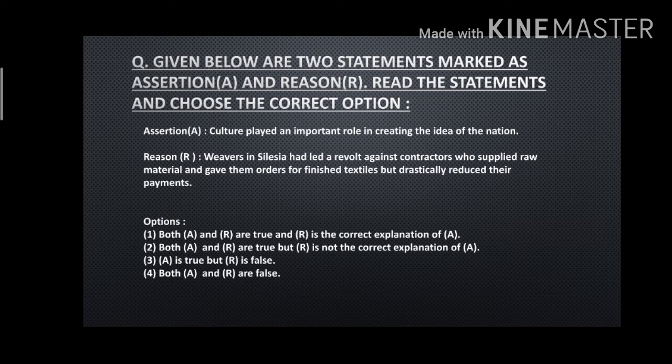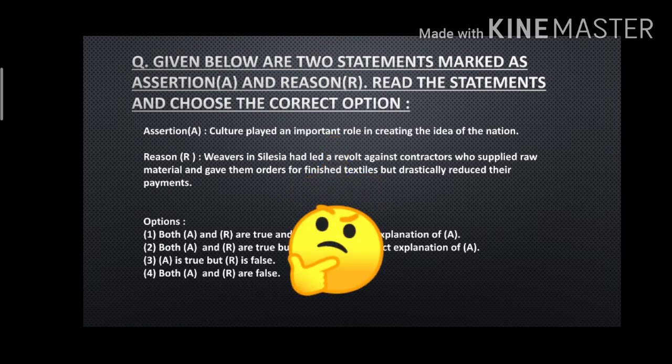Now, the first assertion, that culture played an important role in creating the idea of the nation, it's true. And the reason that weavers in Silesia had led a revolt against contractors for this price and all payments, that is also true. But do you think this reason is the cause behind the assertion?